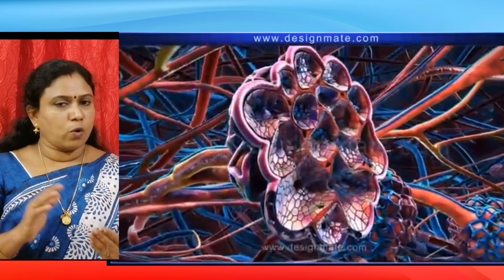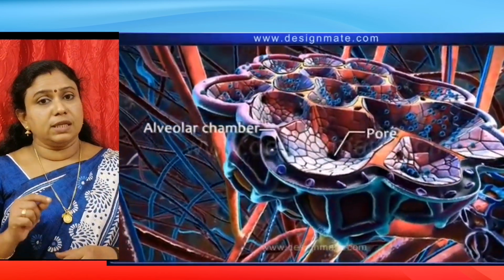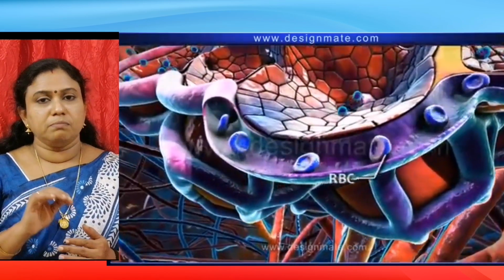The actual exchange of gases, that is the exchange of oxygen and carbon dioxide, takes place on the surface of the alveoli. That is between the alveolar membrane and the membrane of the blood capillaries.